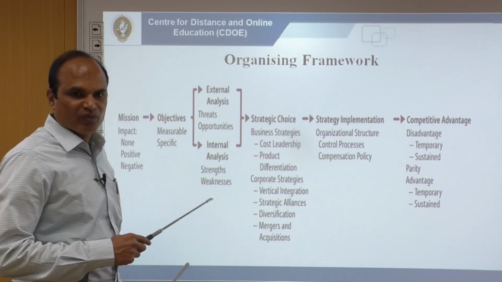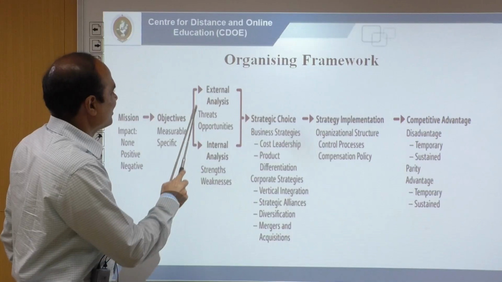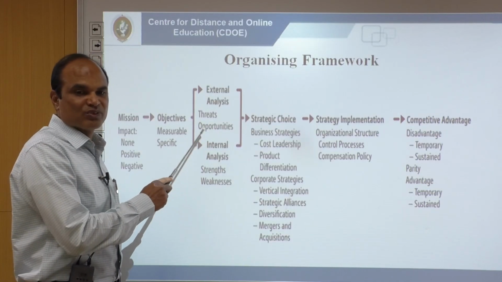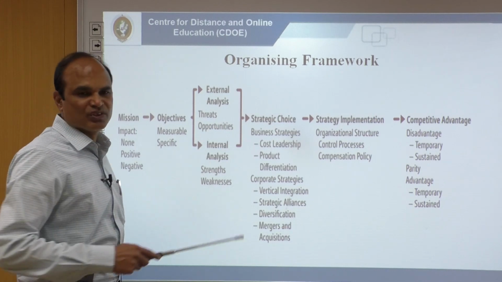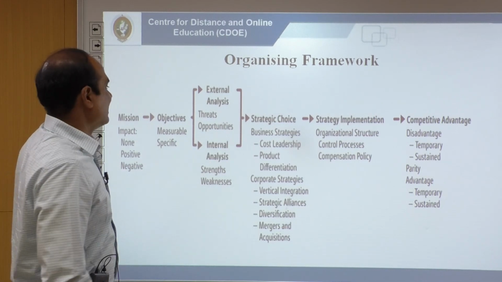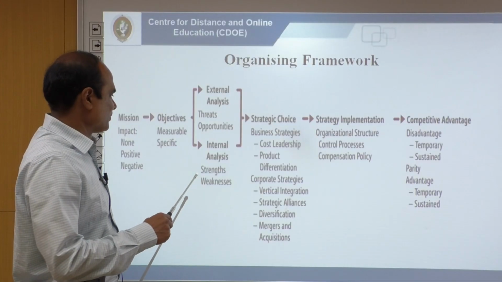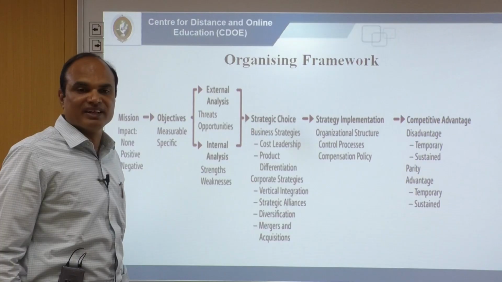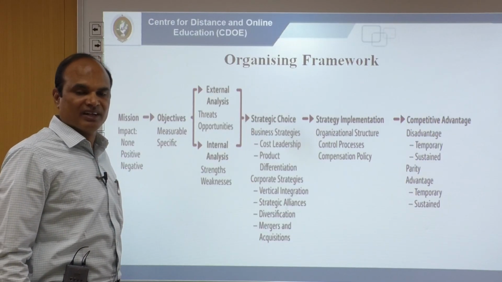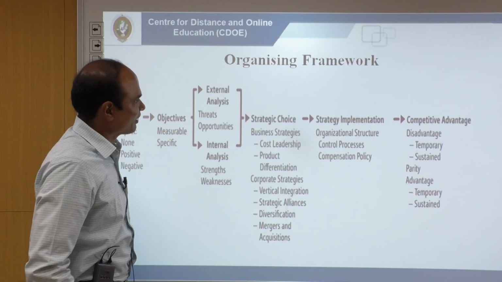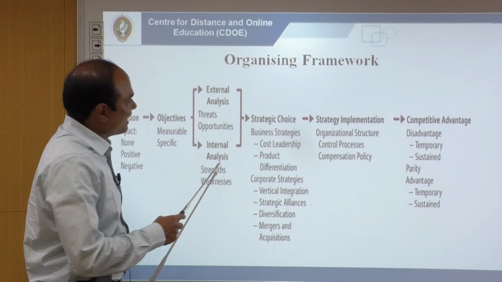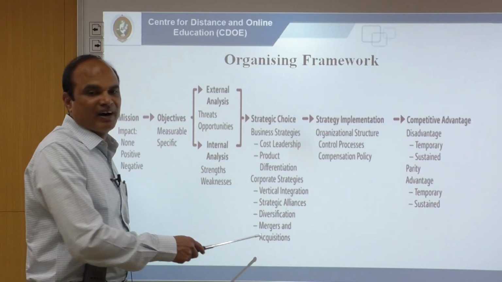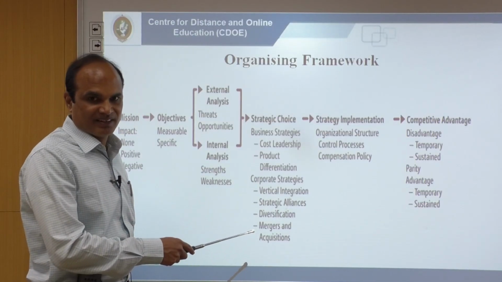In this module we are going to focus only on the external analysis, in which the organization scans the threats and opportunities available for a company. Whereas the internal analysis leads to the strengths and weaknesses that a firm has in the competitive arena. Based on the external and internal analysis, the strategic choices are selected.